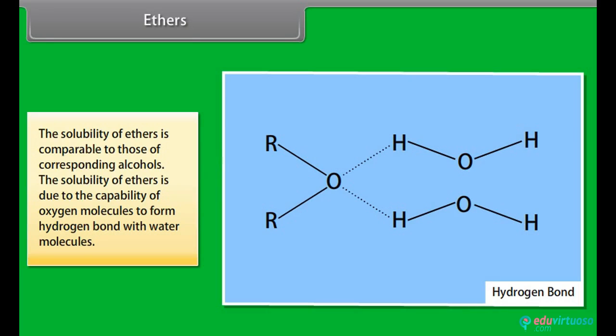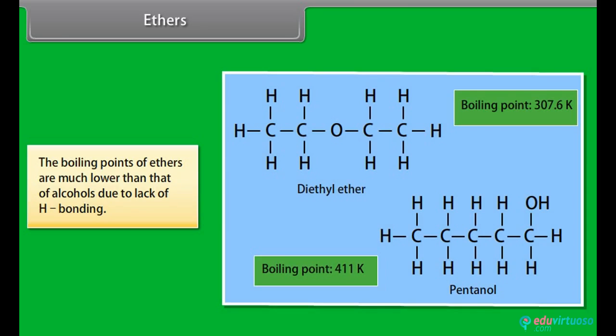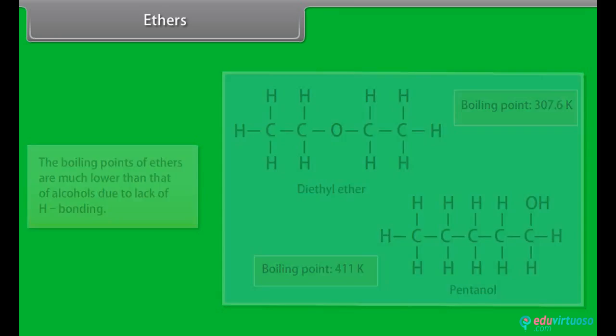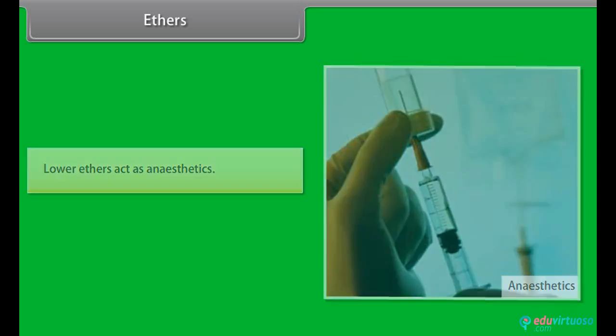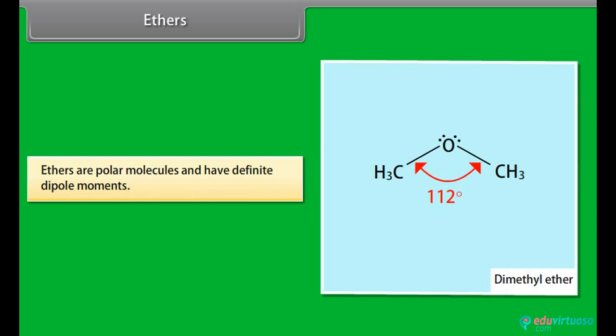The solubility of ethers is due to the capability of the oxygen atom to form hydrogen bonds with water molecules. The boiling points of ethers are much lower than those of alcohols due to lack of hydrogen bonding. Lower ethers act as anesthetics. Ethers are polar molecules and have definite dipole moments.